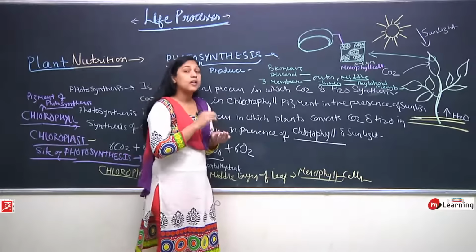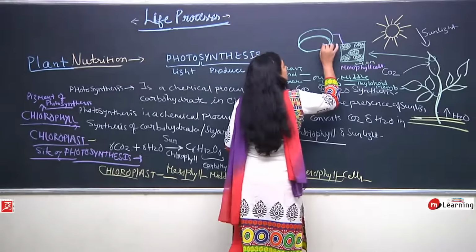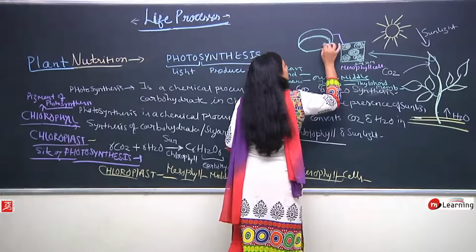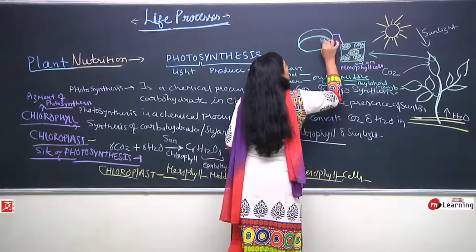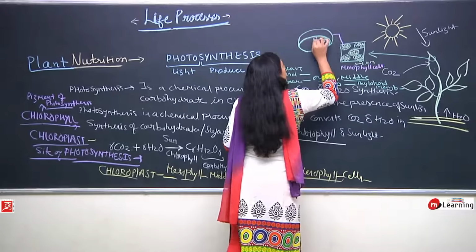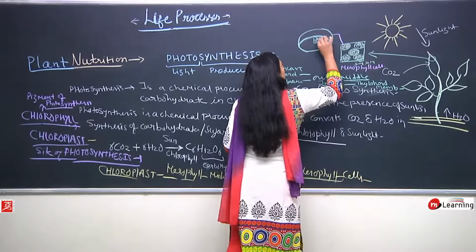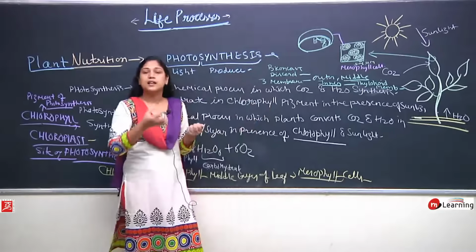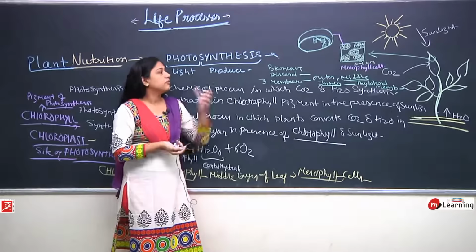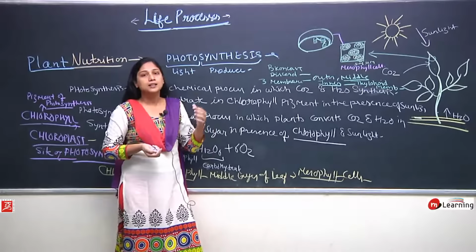So what are thylakoids? In the chloroplast, there is a structure that looks like stacks of coins. If we put coins one upon another, then what does it form?